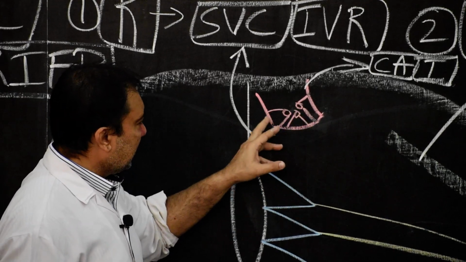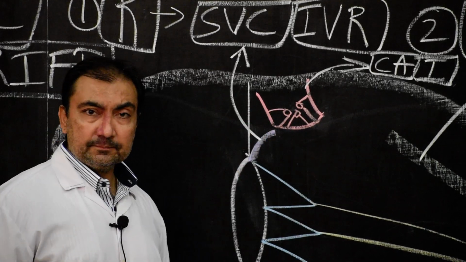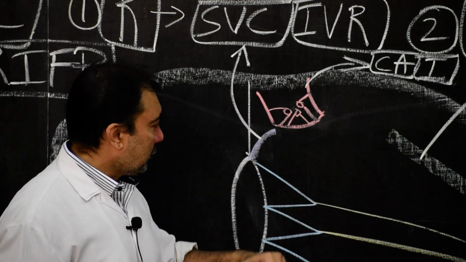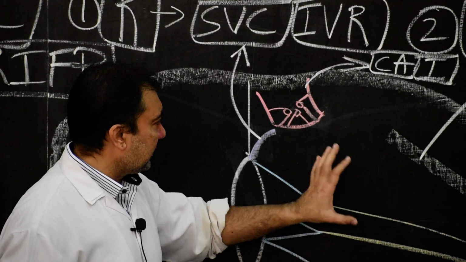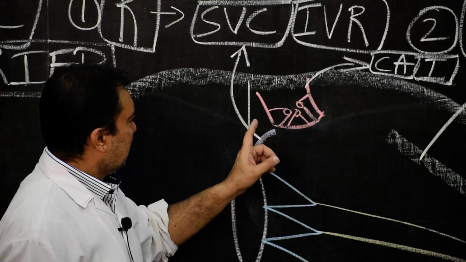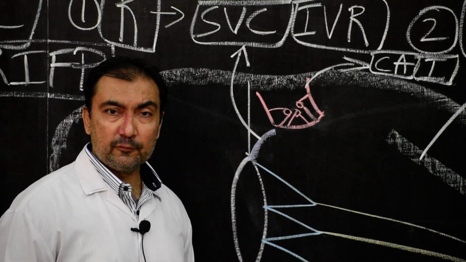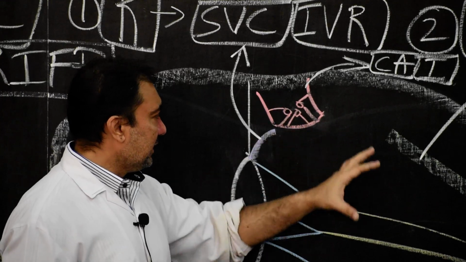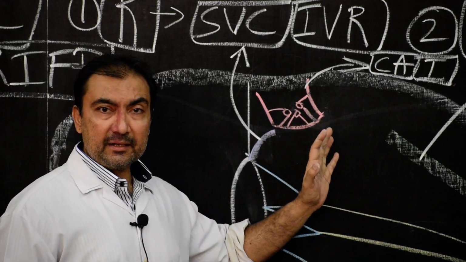And these 3 valves will help in the regulation of the blood flow or ejection of the blood flow from the interior of the right ventricle inside the pulmonary trunk. So this is the outflow tract or the infundibulum or conus arteriosus of the interior of the right ventricle.